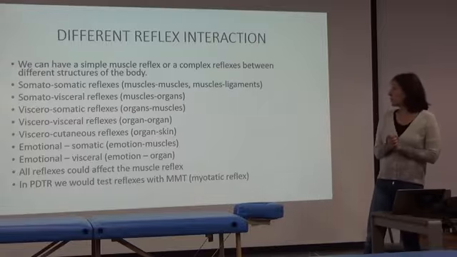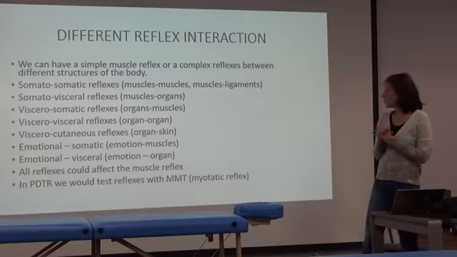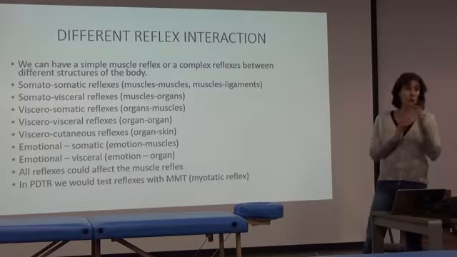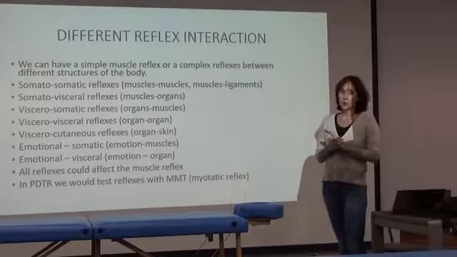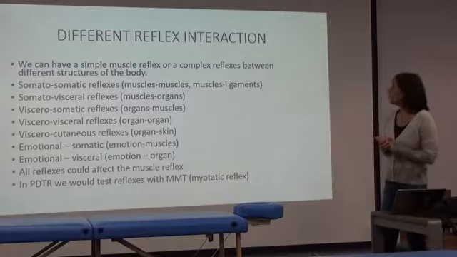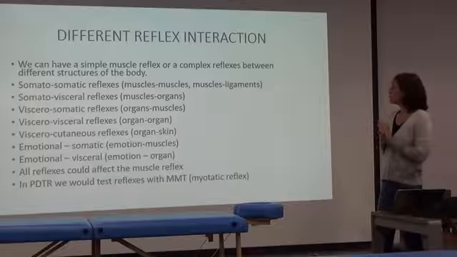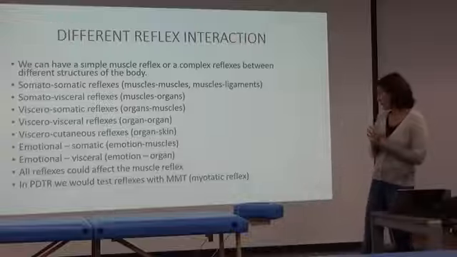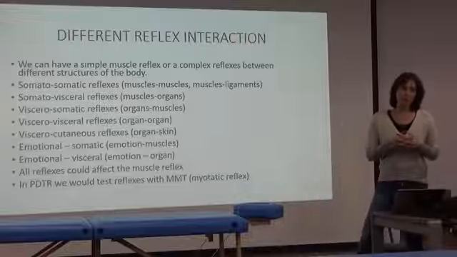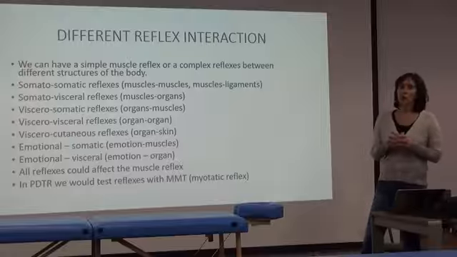So what is the most important in PDTR? Any kind of stimulus and any kind of reflexes could affect the most basic stretch reflex, which is used in manual muscle testing, and this reflex is called the myotatic reflex.